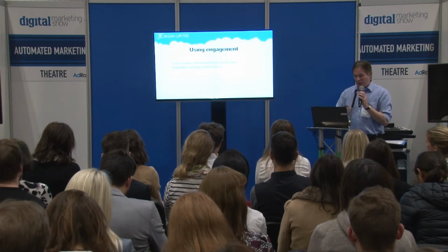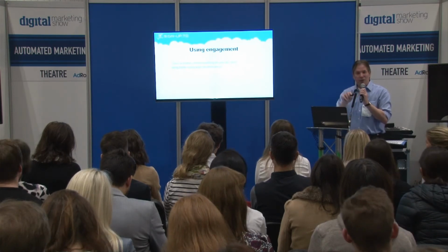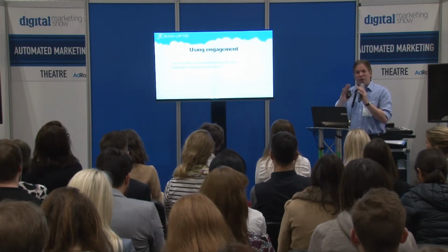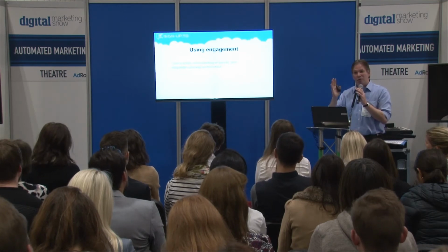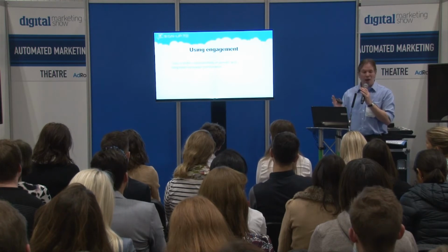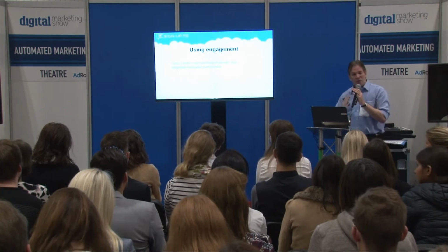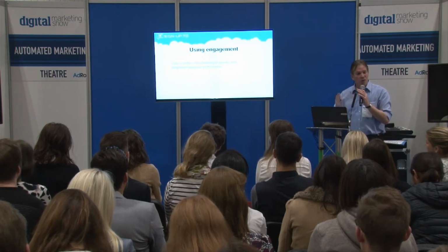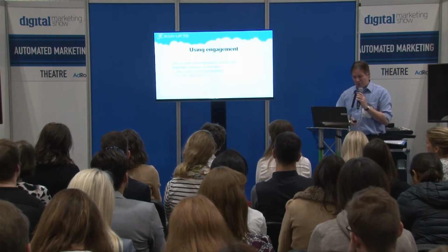What you actually do with that is the next stage. This gives you two things. Firstly, a measure of how engaged your customers are now, but also a history played backwards or projected forwards, if you want to.